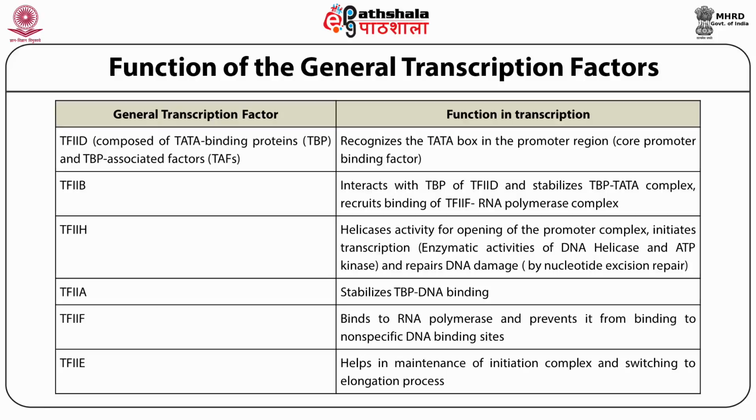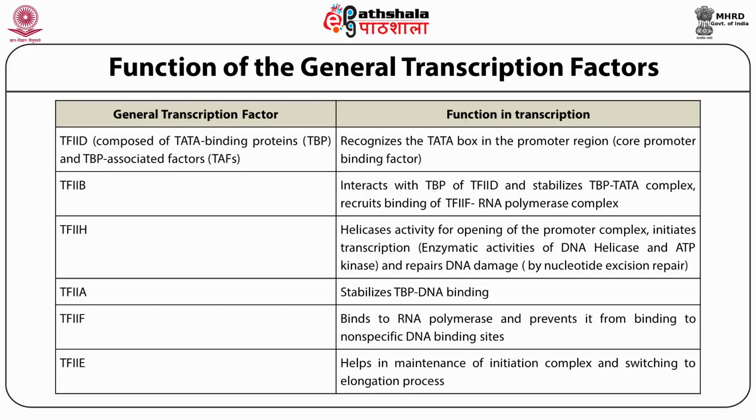Transcription factor 2H function in transcription: helicase activity for opening of the promoter complex initiates transcription. It has enzymatic activities of DNA helicase and ATP kinase, and repairs DNA damage by nucleotide excision repair.